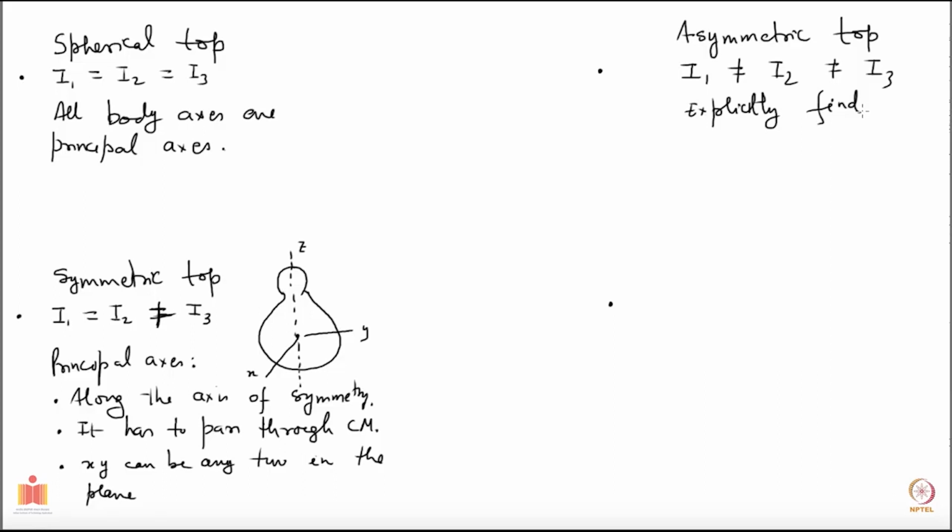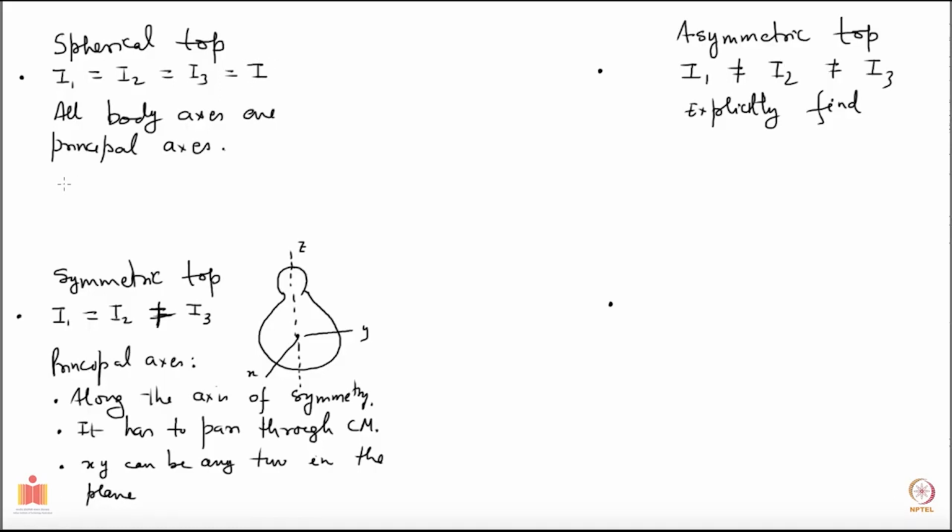Okay, so let's return back to the case of spherical top. For the case of spherical top, all these three are equal, and I will call them I. Don't confuse with your inertia tensor. This is a scalar quantity, just one number.